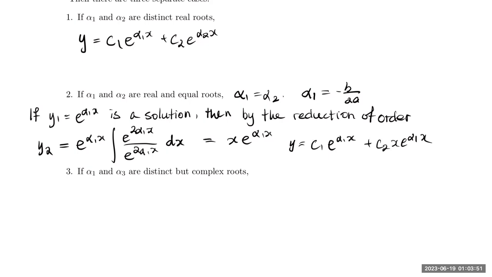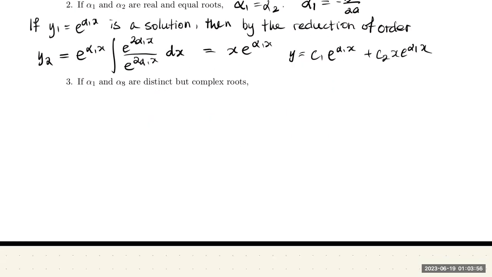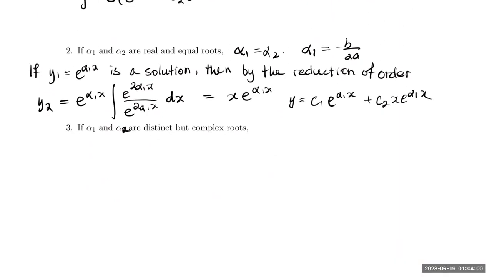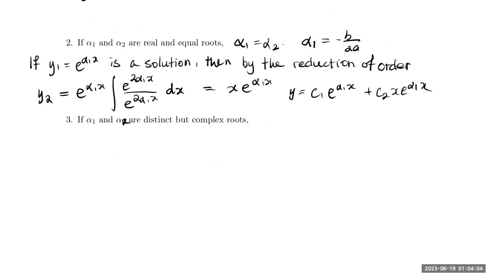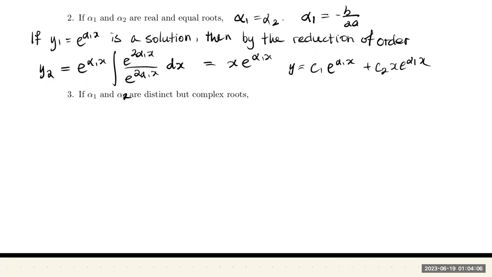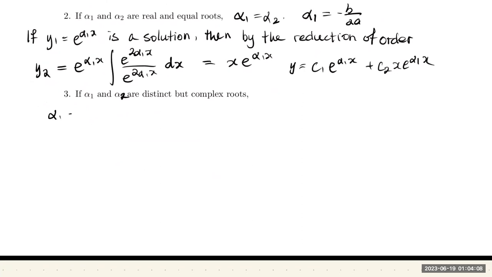Okay, so the last case is if alpha 1 and alpha 2 are distinct but complex roots. So our alpha 1 and alpha 2 are going to be written in the form of a plus ib, or let me use different variables since I've used a and b already.